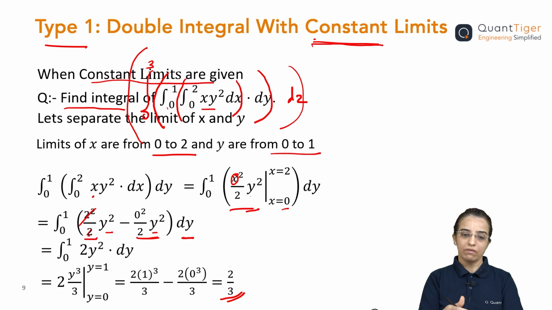Throughout the chapter we will be separating which limit belongs to which variable, and you should understand that. That's an important step, so make sure it is clear at this step, at the beginning itself. While solving questions we may have more than 2 variables, like 3 variables can also come, so there may be some confusion. So make sure that you understand this separation of limits as per the variables. I hope it is clear how to separate the limits as per the variables. Thank you.